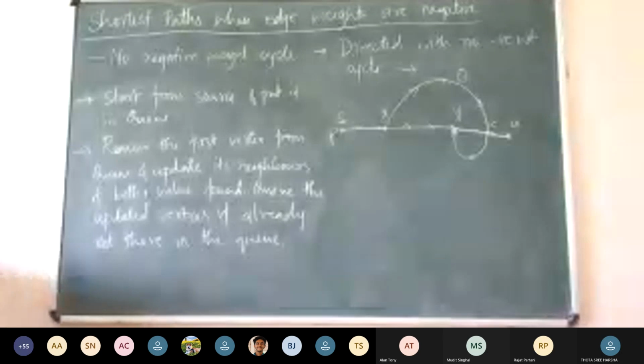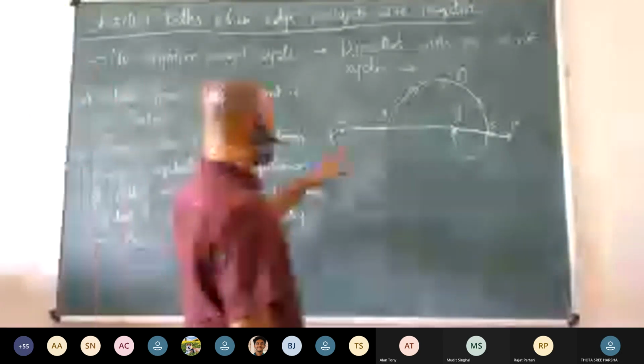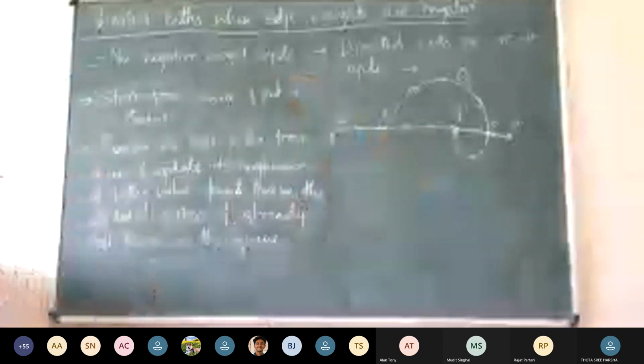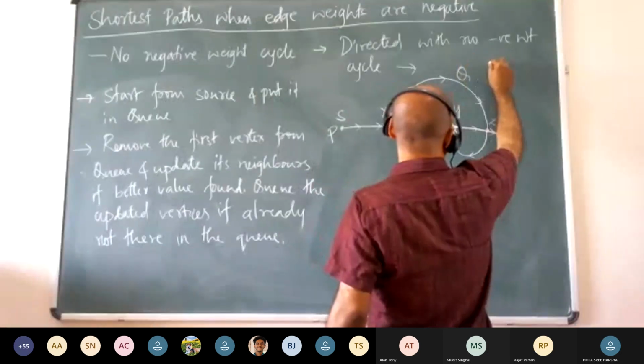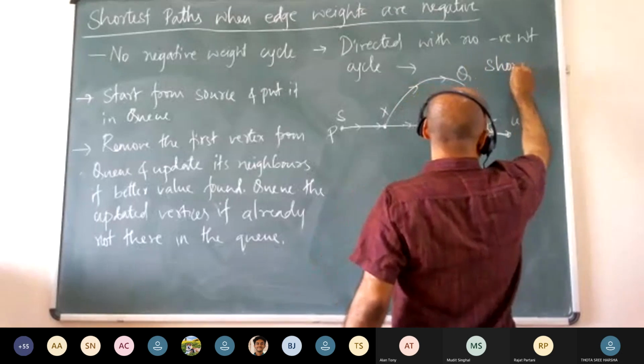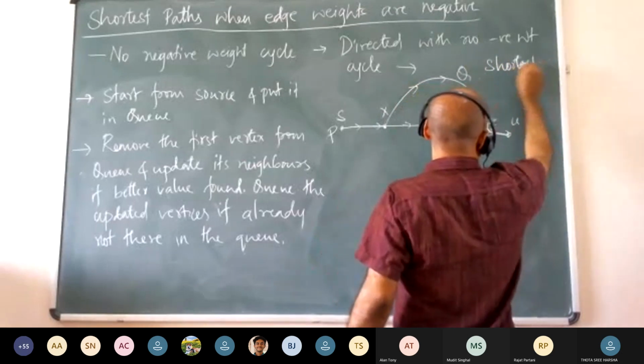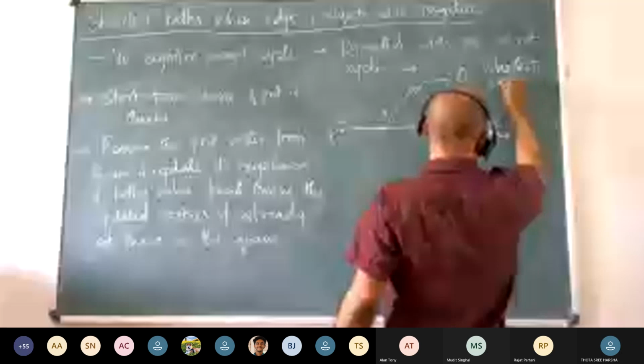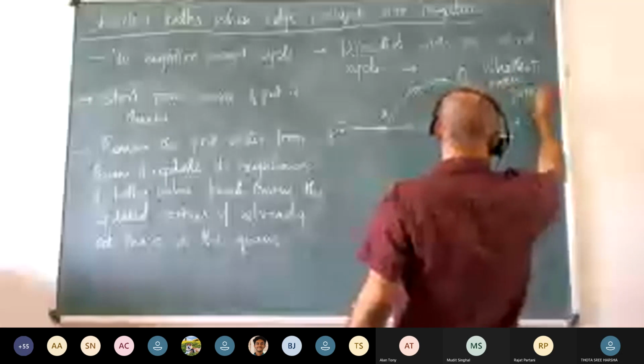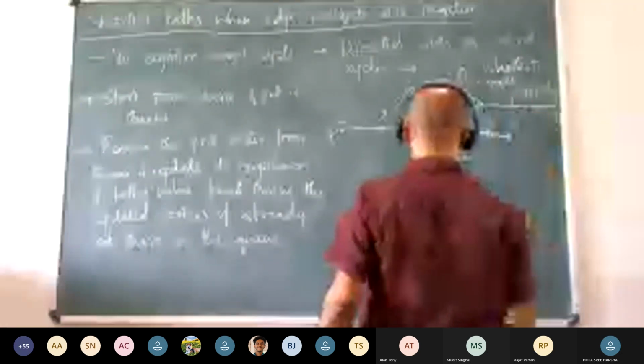Consider any shortest path from S to U. We are claiming that if X and Y are any vertices on this path, the path between X and Y is also shortest. So this is the shortest paths path property. We are claiming that X to Y is also shortest.